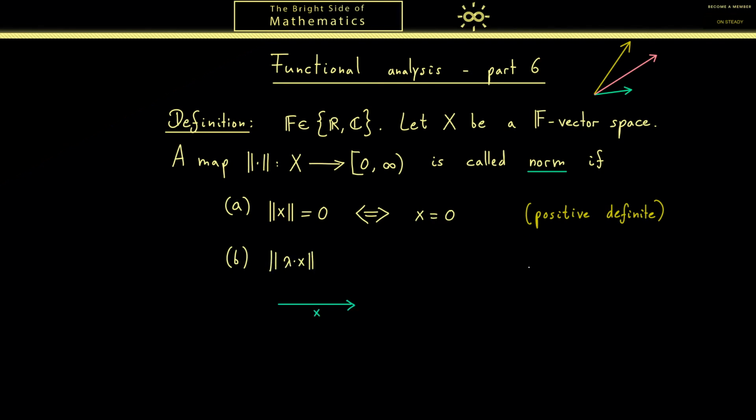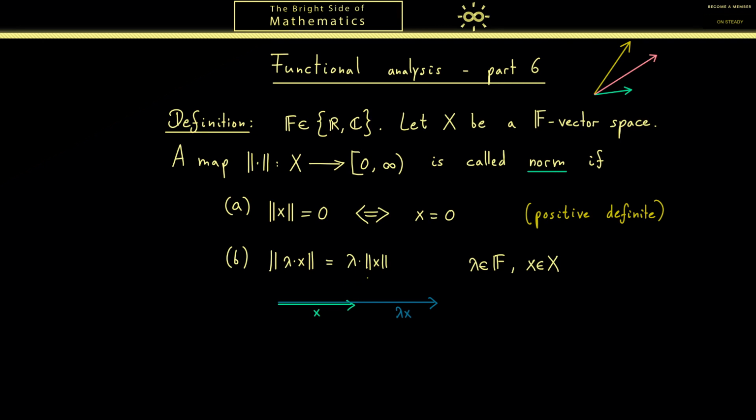Now part B explains what happens to the length when we scale a vector. Scaling here means we have a vector x and multiply it from the left with a scalar, so a number lambda in F. In the picture you always visualize that with the arrow getting longer or smaller depending on lambda. Hence the norm has to satisfy this, which means the length also gets multiplied by this factor lambda.